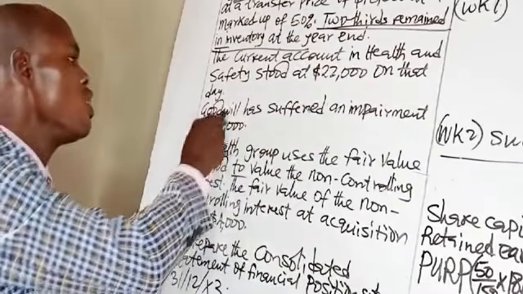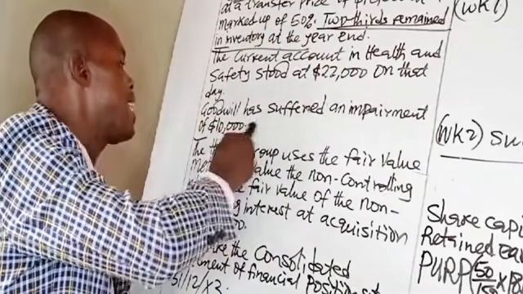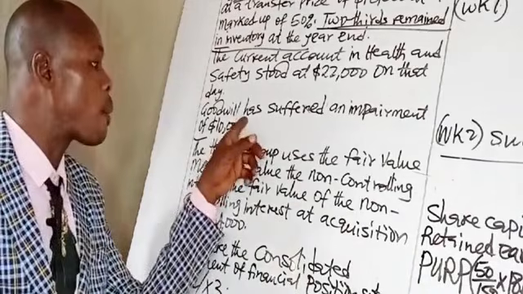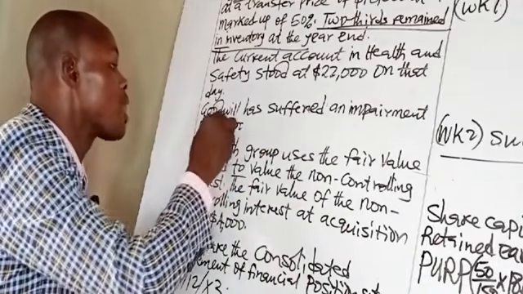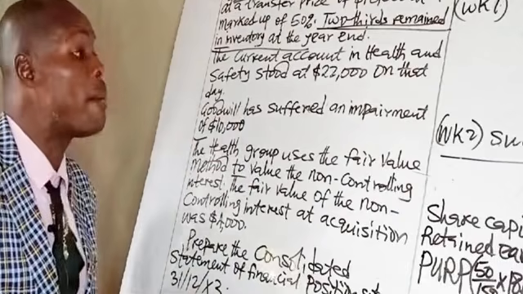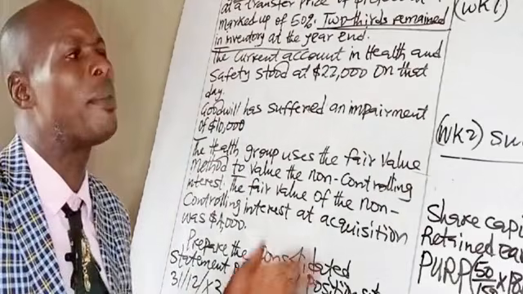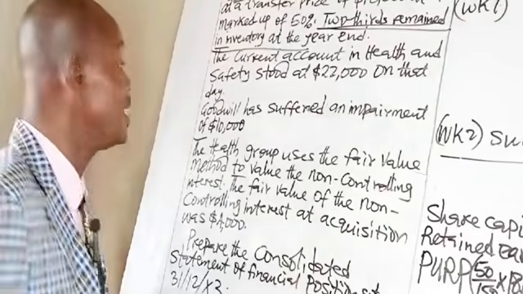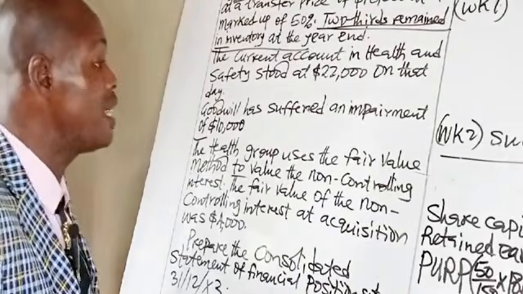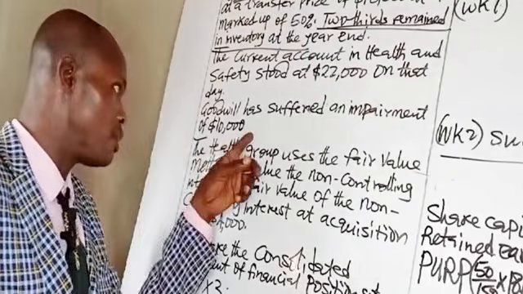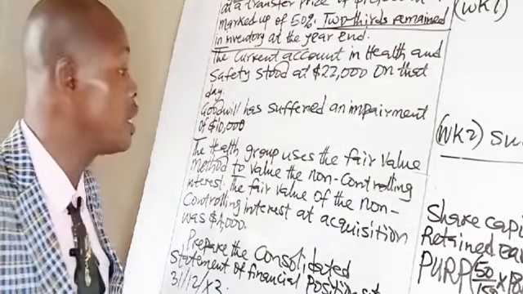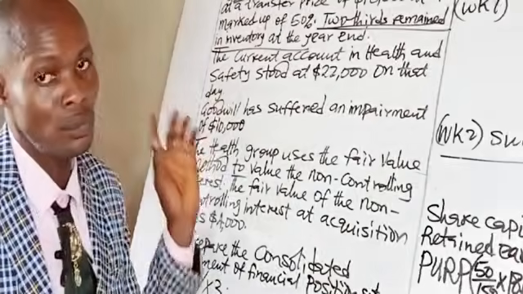Now, goodwill has suffered an impairment of 10,000 naira. If you have watched my earlier video, my first video, I've told you that the treatment of impairment loss depends on the parent company's policy as to the valuation of the non-controlling interest. If the policy is fair value, you should deduct the impairment loss from the summary of subsidiary net assets.